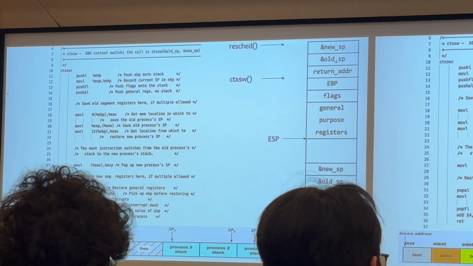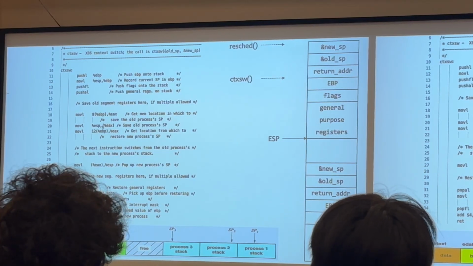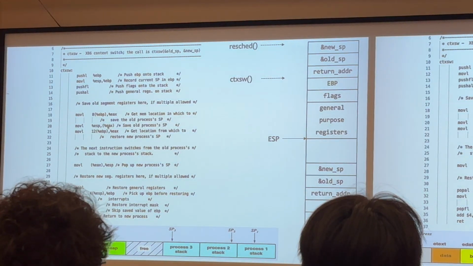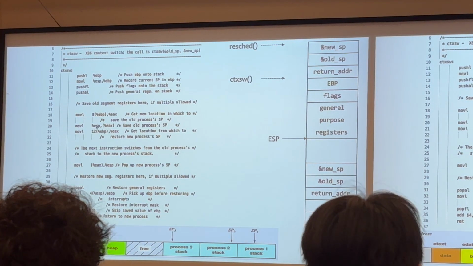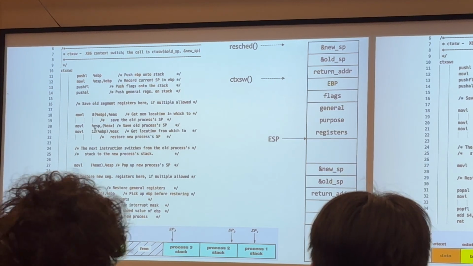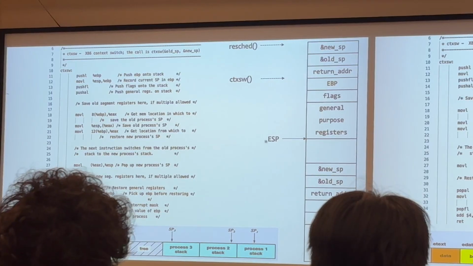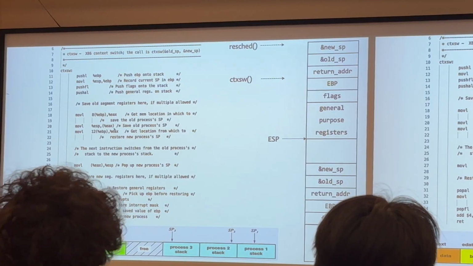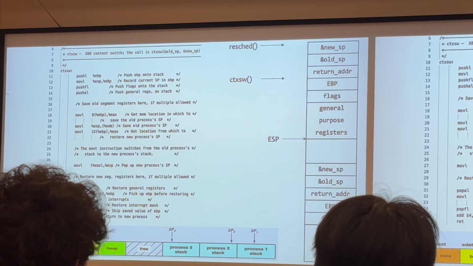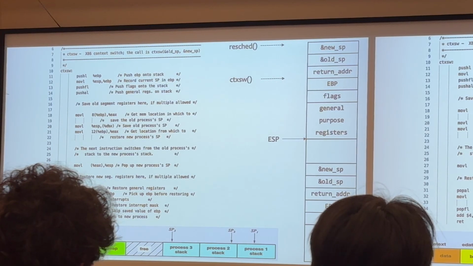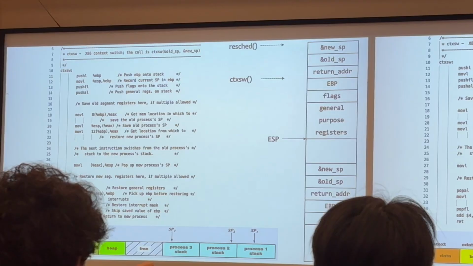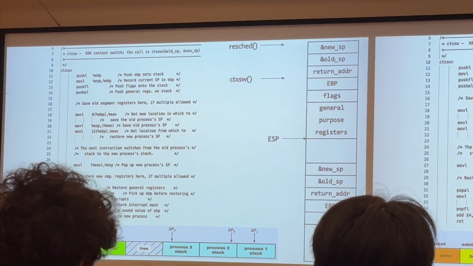The next step is that I'm going to use this EAX as a pointer, which means that here I'm going to store the current value of the ESP, which is here. ESP right now points to here. I'm going to store the current value of ESP to the address pointed to by EAX, and the memory location pointed to by EAX is this address.